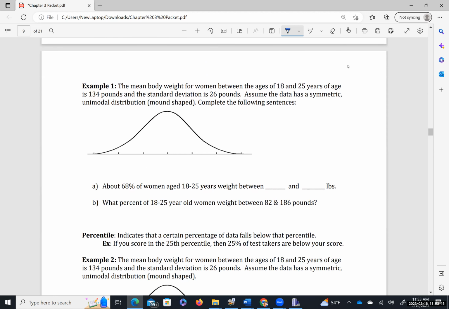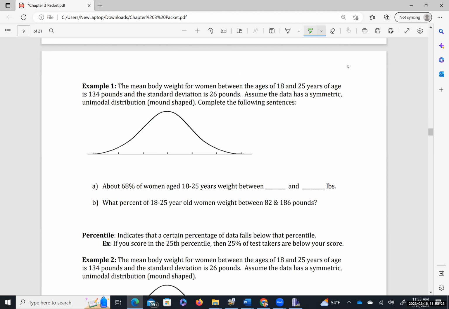So let's read it carefully. Sometimes my laptop has problems. Okay, the mean body weight for women between 18 and 25 years old is 134 pounds.